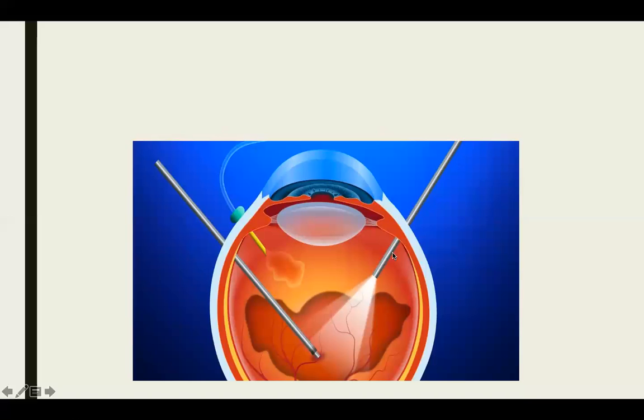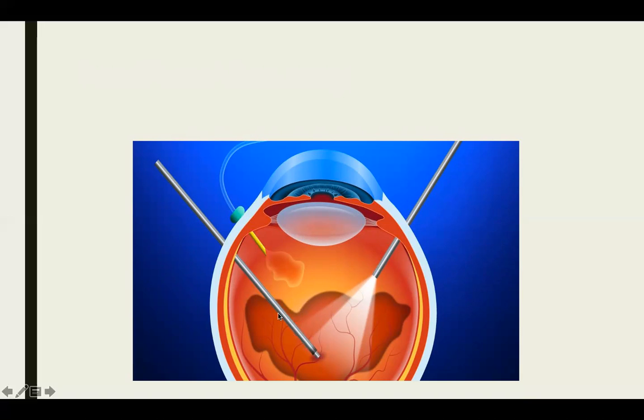In one port the light pipe is entered, and in the other port the vitreous cutter is entered, and from the other, the infusion is continuously coming into the eye. So if you are cutting the vitreous, the infusion is replacing that cut vitreous, and the tone and pressure of the eye is maintained.